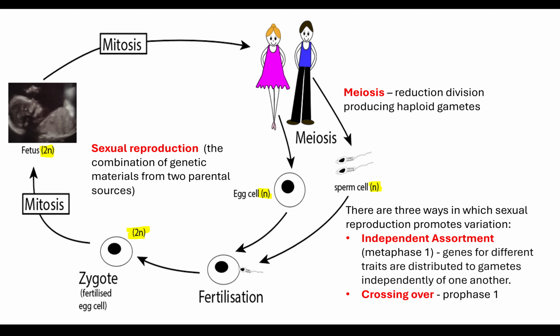Now we know that crossing over occurs in prophase 1 if the genes are far enough apart and as the chromosomes intertwine. Again, if you haven't already, please do check out my meiosis video on that one. So crossing over, another way in which variation can occur. And the random fertilization, which egg cell, which sperm cell are actually coming together.